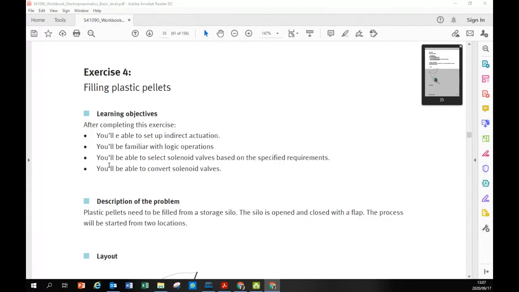Let's start right away. So now you are required to set up indirect actuation.